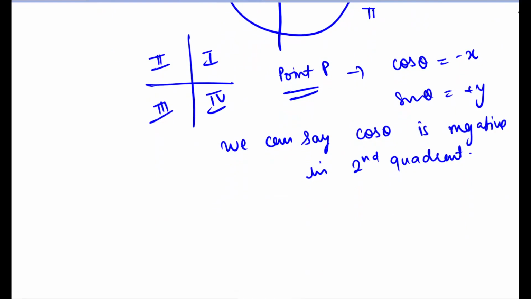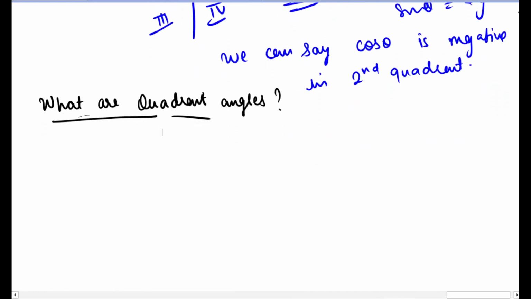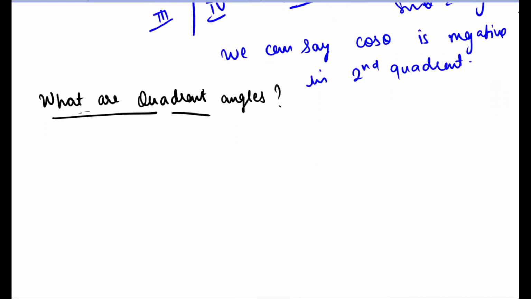Now, what are quadrant angles? All the angles which are integral multiples of pi by 2.